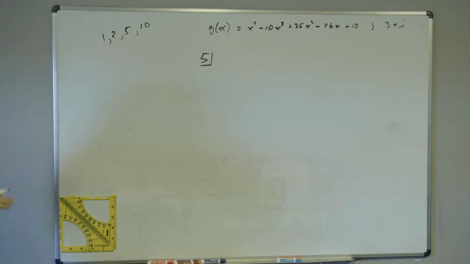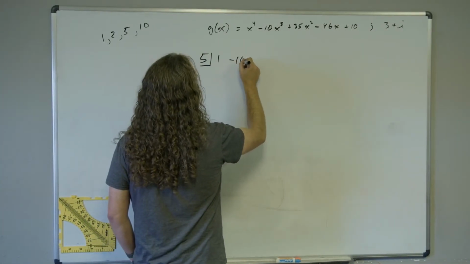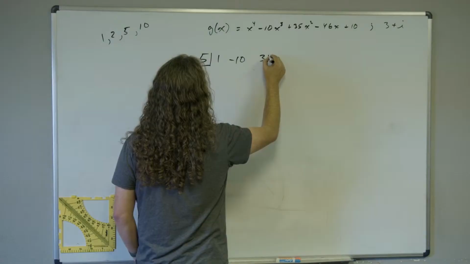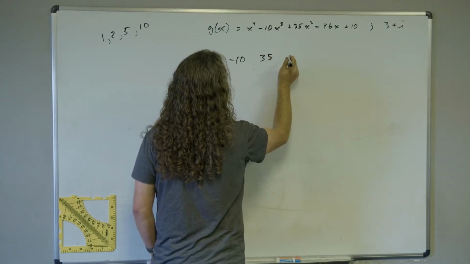But it's got to be, because that's a 1. Let's try 5 and see what happens. Don't use your calculators as a crutch.